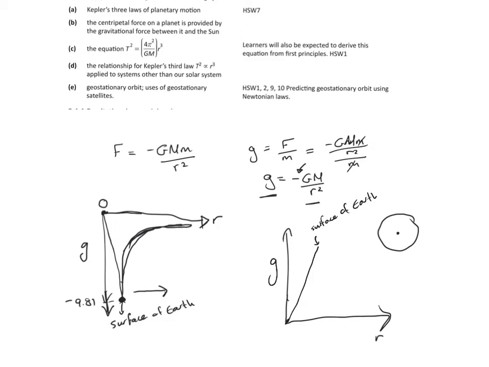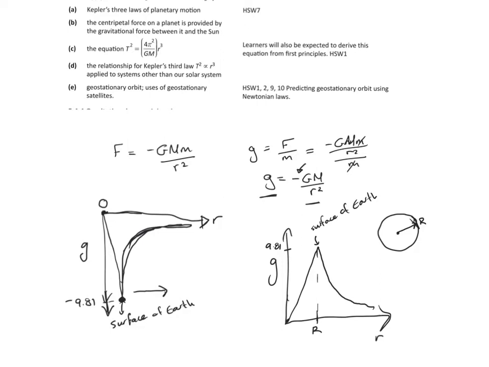You know that the value of g at the surface of the Earth is 9.81 newtons per kilogram, or meters per second squared. And then what you see is, as you move away from the center, this should be the radius of the Earth here, because at the surface this distance will be r.